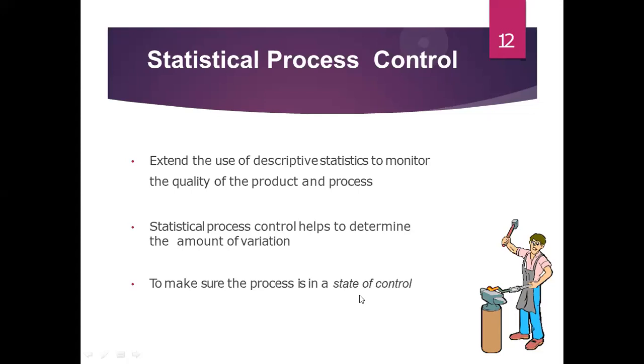Then you have to tell yes or no. So for that state of control, you should know how to calculate it. And you will have several computer software, don't worry. Here we are calculating using manual mechanisms, but in future you will apply computer applications. So that is the use of statistical process control.